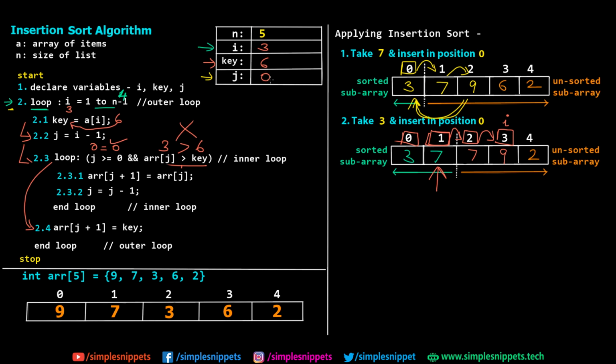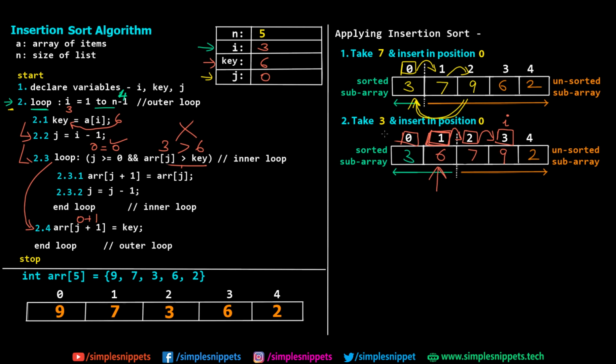What is the value of j? 0. So at this step j plus 1, we are saying 0 plus 1. So at position ARR of 1, we are storing the key value, which is 6. So now 6 will come over here, and you can see that now we have 3, 6, 7 in proper order.